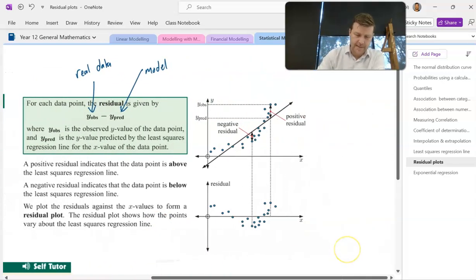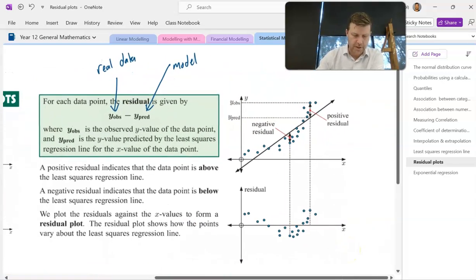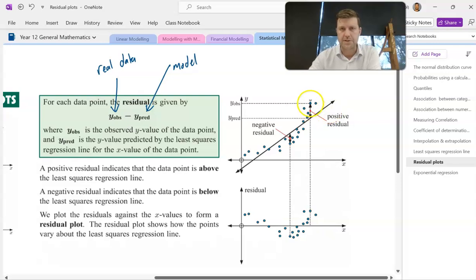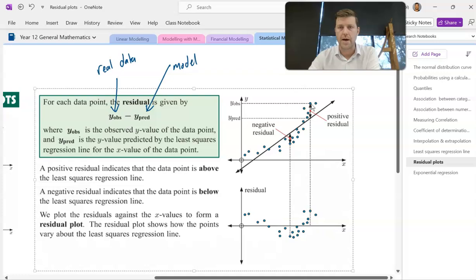Now, if we look at an example here, this point here, which is just above the least squares regression line, the difference between the y observed value, the real data point, and the line, the least squares regression model, is what we call the residual value, okay?